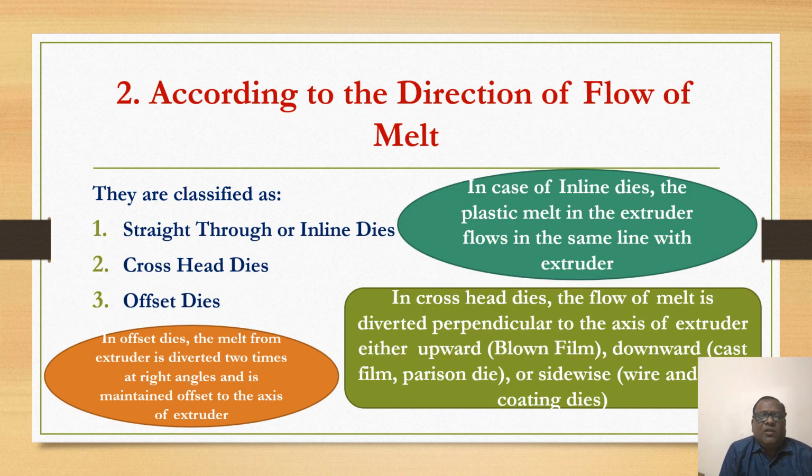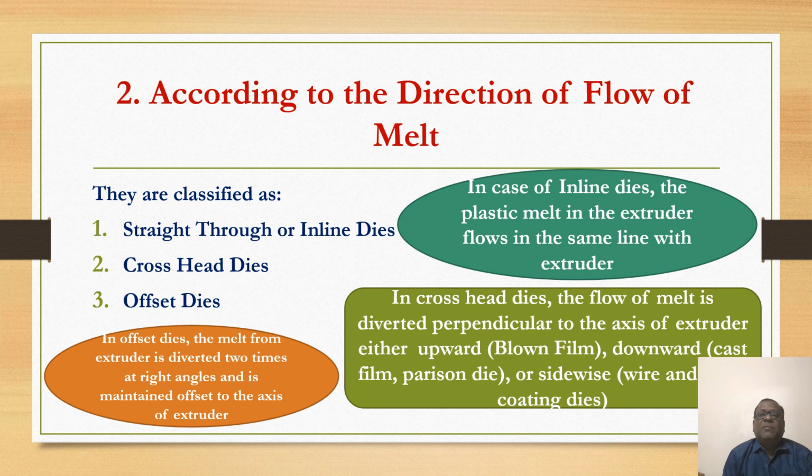The second classification is according to the direction of flow of melt. Based on the direction of flow of melt, the dies are classified in three ways. In case of extrudate, there are two types, solid and hollow.